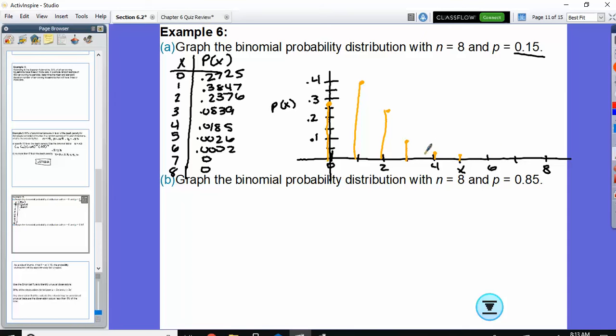Oh, I got off one, didn't I? You see the shape of this, which way is it skewed? Okay.